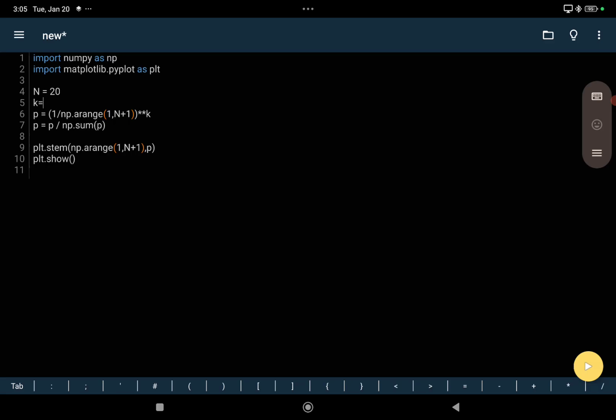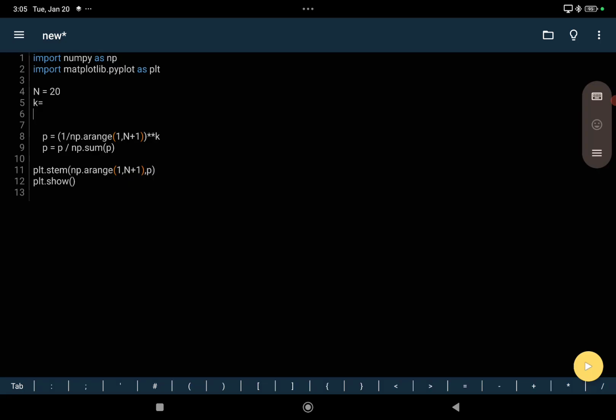But now, for the same, let me try to compute the entropy for different values of k.